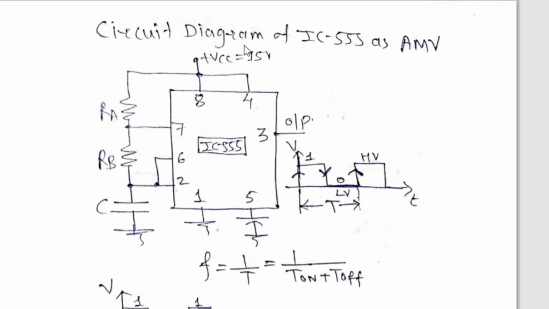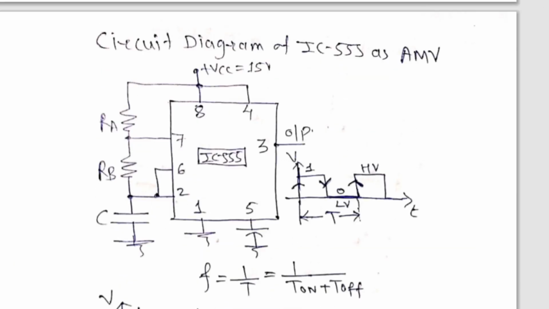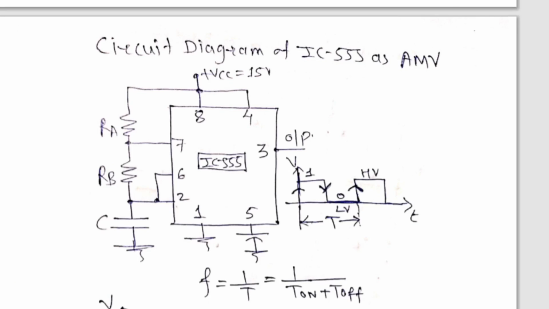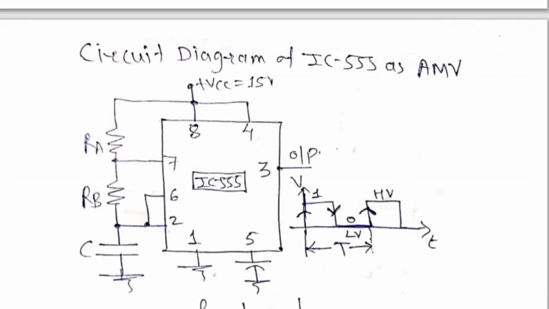This is circuit diagram of IC555 as astable multivibrator. So look into the circuit diagram. What we have done is simply drawn a square block of IC555. Simple square block. And inside this square block, what is there, we have already studied.